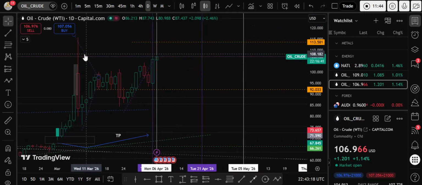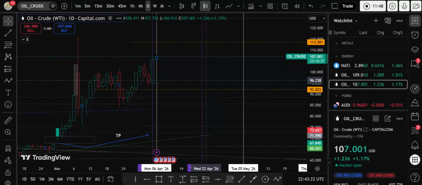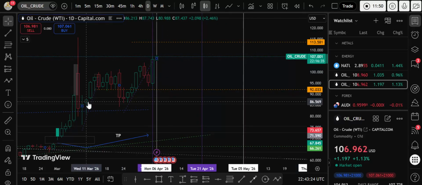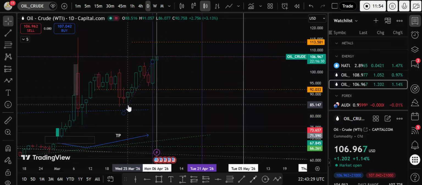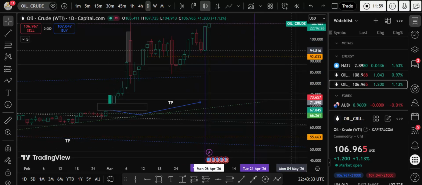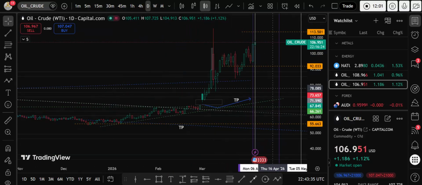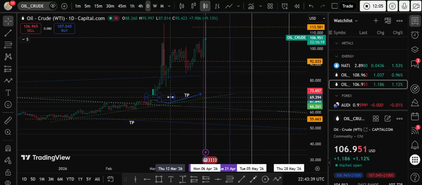Let me just remove all this, just to make it clean. So now this, and there is a gap here.